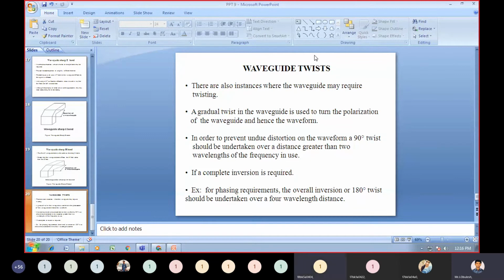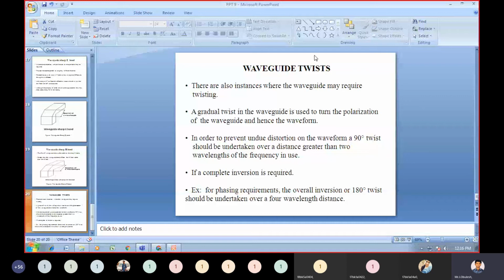A gradual twist in the waveguide is used to turn the polarization of the waveguide and hence the waveform. To prevent undue distortion of the waveform, a 90 degree twist should be undertaken over a distance greater than two wavelengths of the frequency in use.